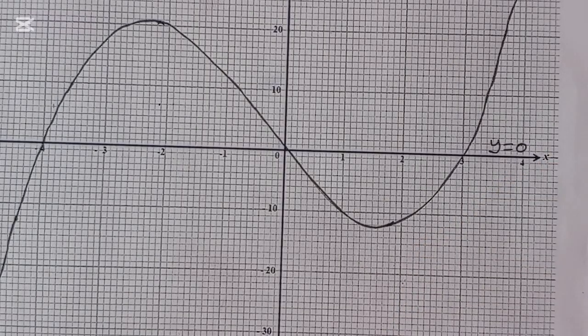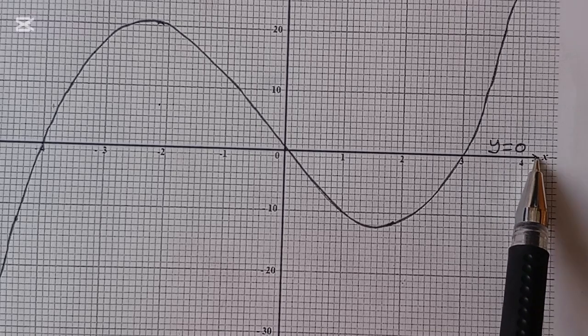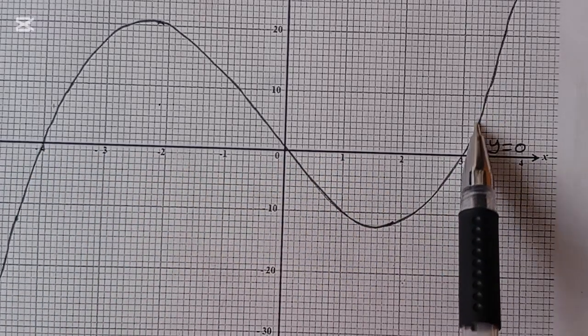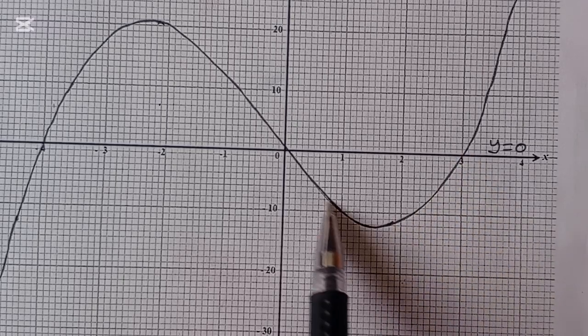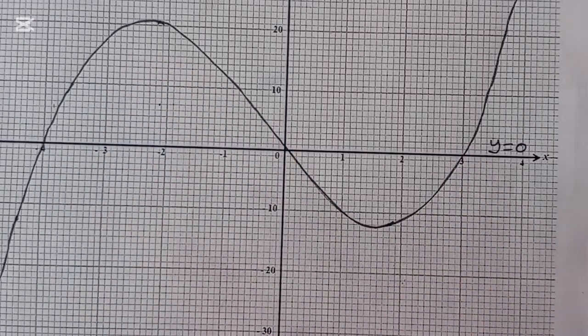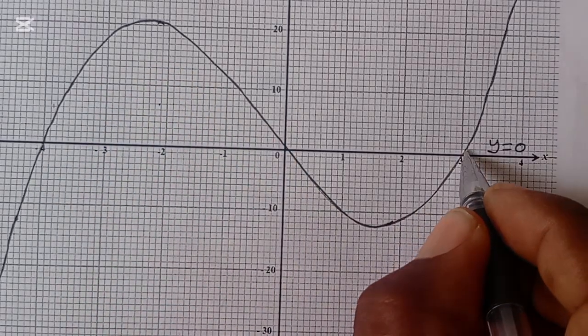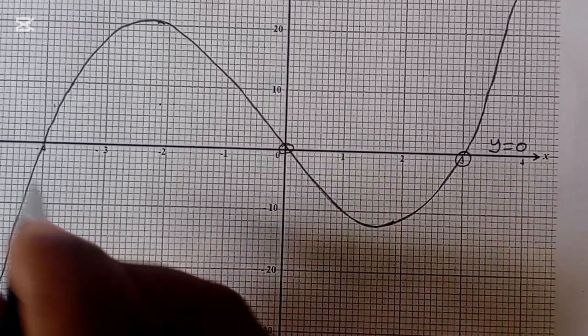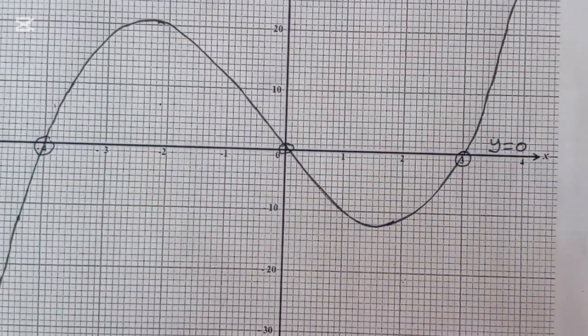Now how do we find the values of x? The values of x will come from where the x-axis, which is y is equal to 0, is intersecting with the general graph. This is the general graph. They are intersecting here at 3, at 0, and at negative 4.